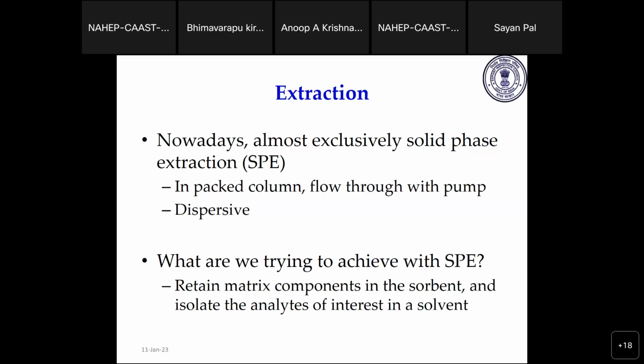Like in the case of QuEChERS, we use magnesium sulfate. Some people use it, and we also use some salting techniques using C18. C18 is mainly used to remove lipids and fats. So we use such additional chemicals as a part of cleanup. That is where we want to have only the actual analyte from the solvent and not any other interferences.